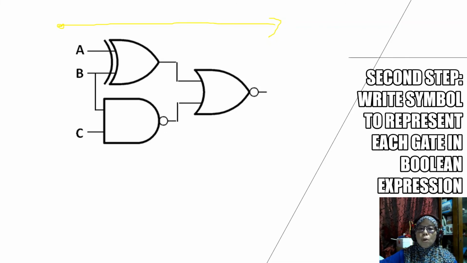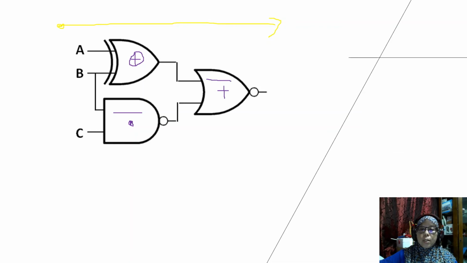Okay, so representation of exclusive OR dalam Boolean expression adalah OR dengan bulatan. Ini exclusive OR. Untuk NAND gate adalah dot dan juga bar di atas. Untuk NOR gate adalah plus dengan bar di atas. Okay.